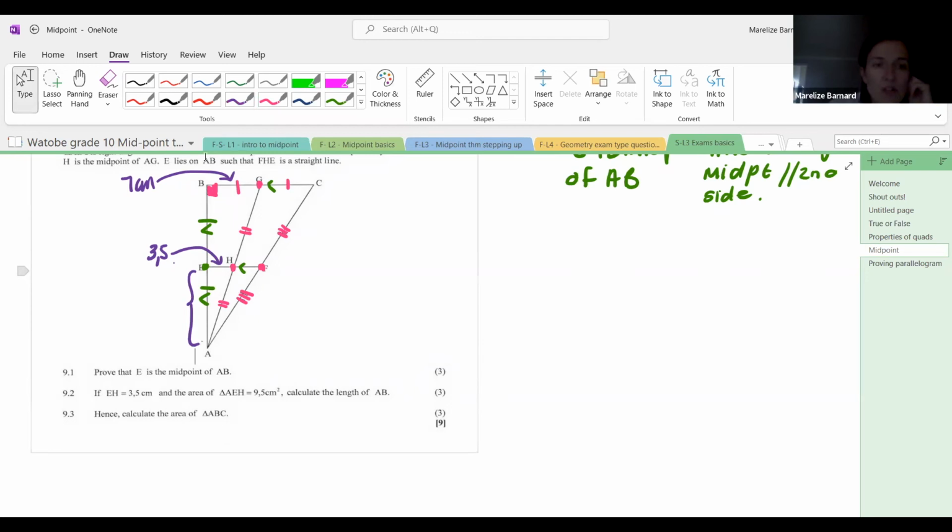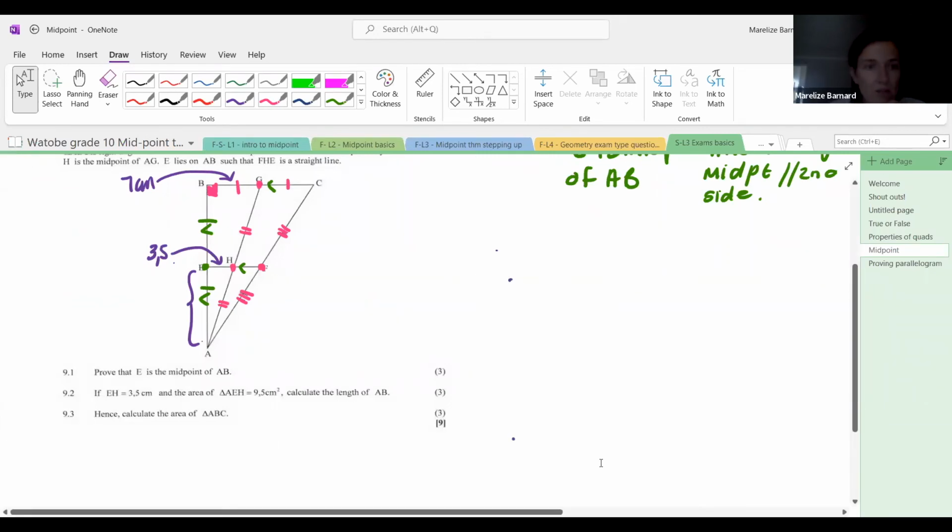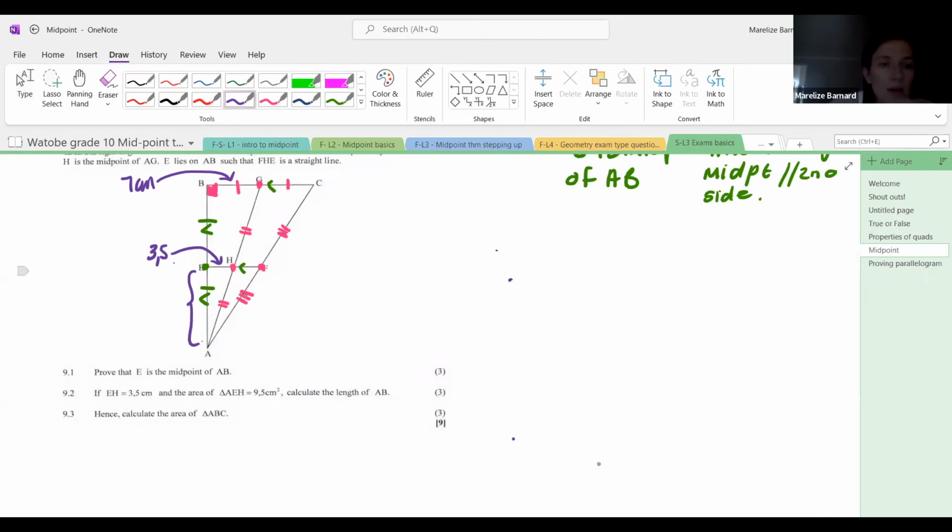But we can also say that angle AEH is 90 degrees, right? Because of corresponding angles. Angle B is 90 degrees, so angle AEH will also be 90 degrees. So let's start there for 9.2.